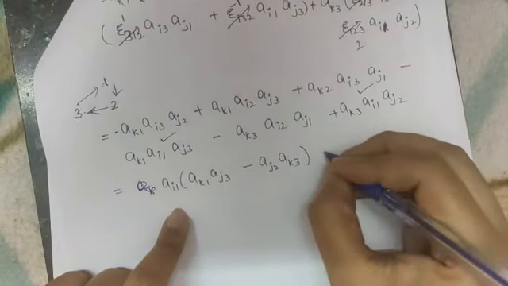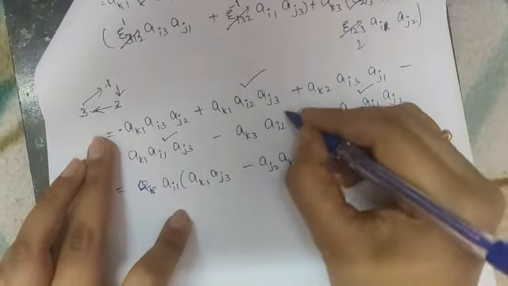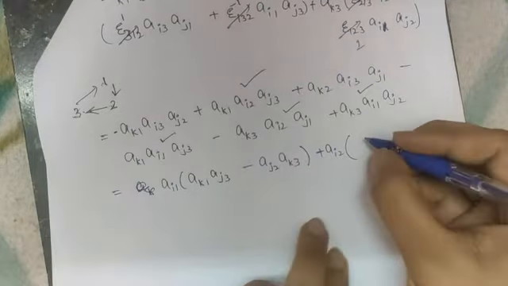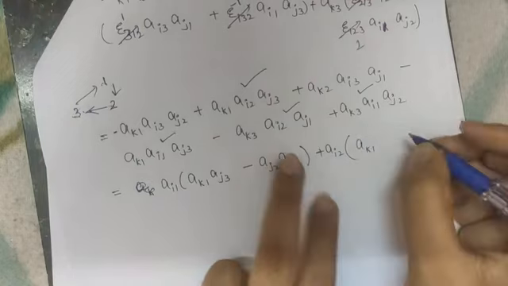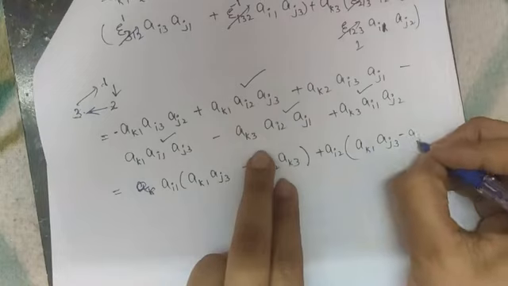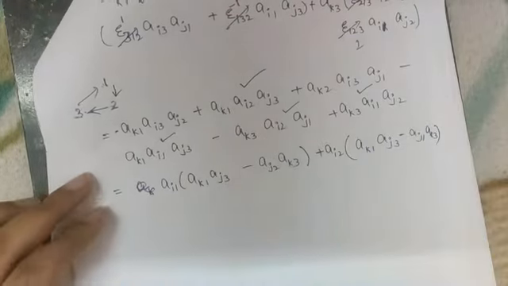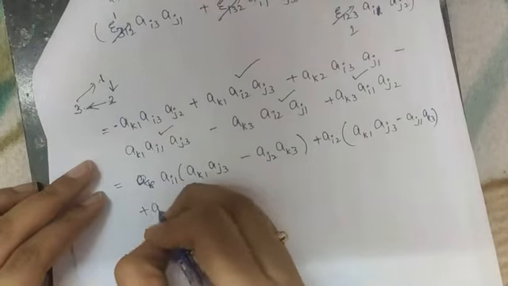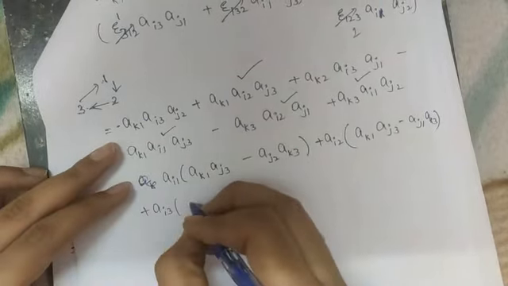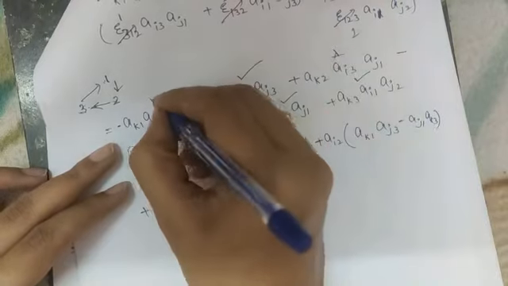Right? Now take AI2 as common. Here I have AI2, here I have AI2. If I take that as common, I will get AK1 AJ3 minus AJ1 AK3. Similarly, take AI3 as common. I have it here and here, right?